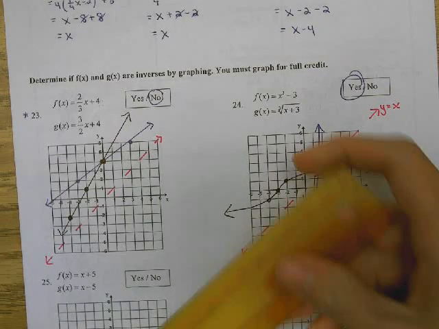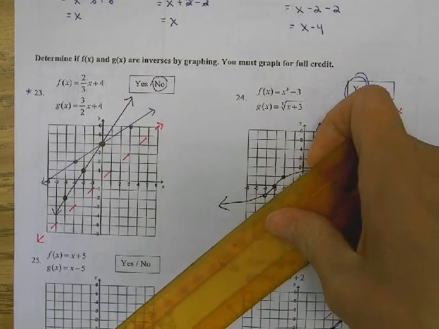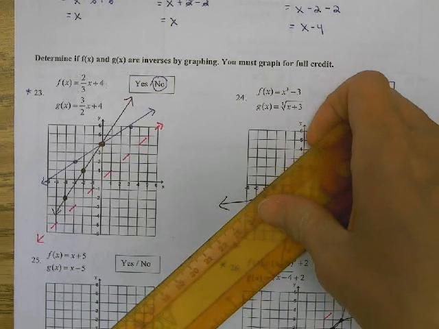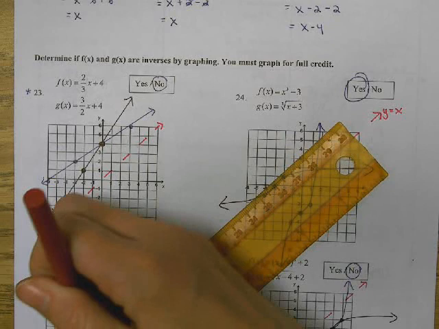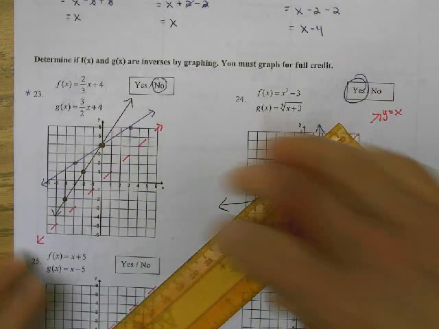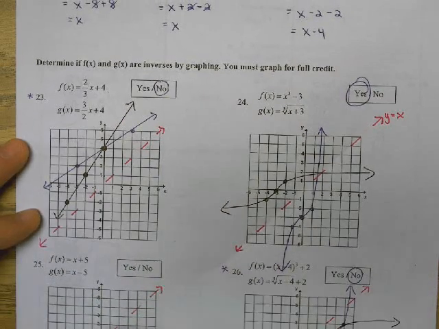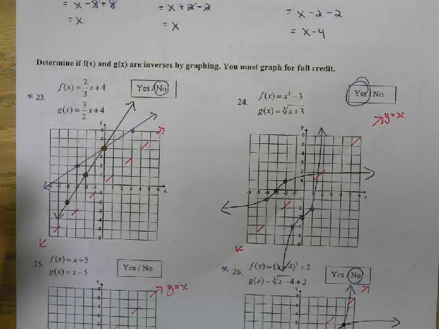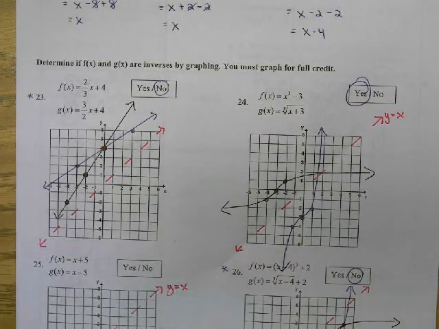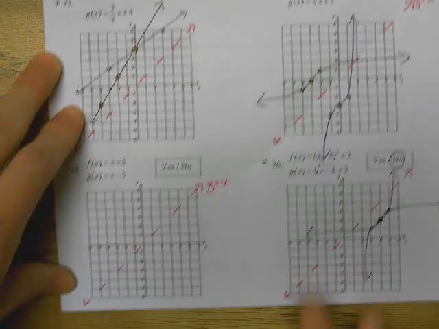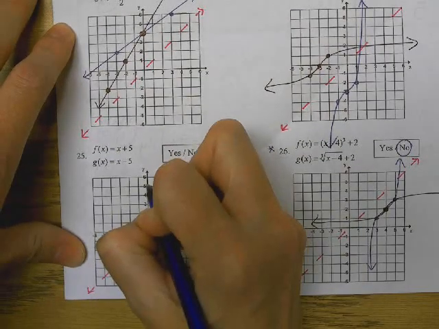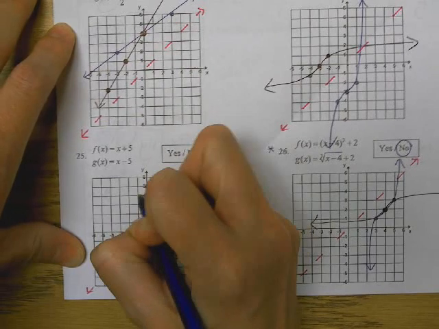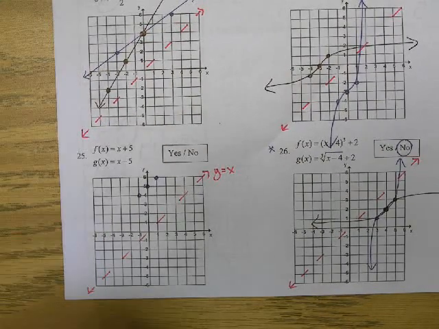Okay. We got one more like this, so let's go ahead and draw in our y equals x. Okay. And now let's graph our two equations. So I have two linears again. So x plus 5 means I start at a y-intercept of 5 and I have a slope of 1.